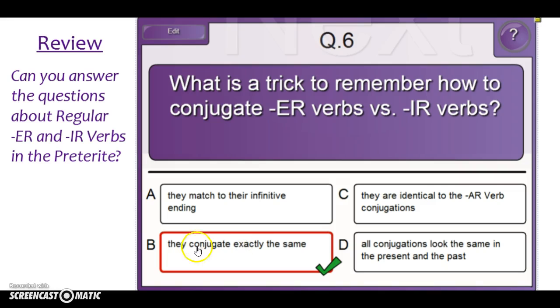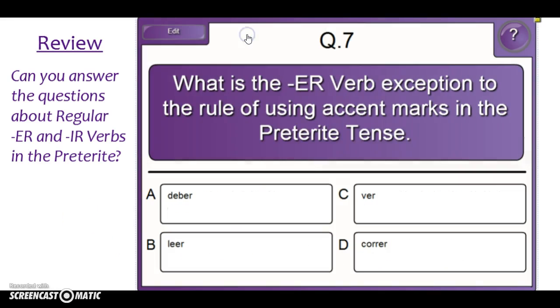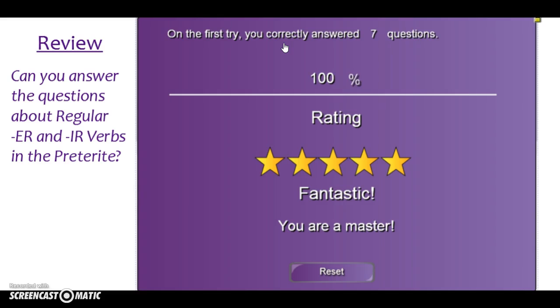Exactly. They do it exactly the same way. Last question. The exception to the rule for the ER verb preterite conjugation is what? That's ver. The exception comes with the use, or in this case, the not use of the accent marks. You did it. Well done.